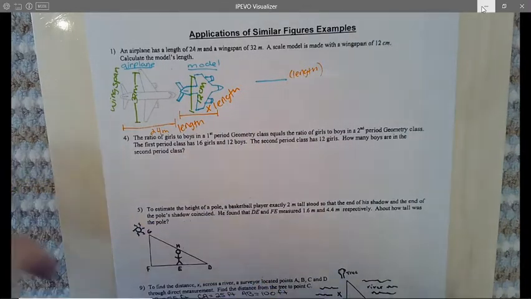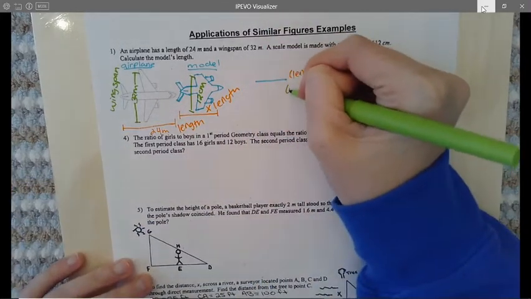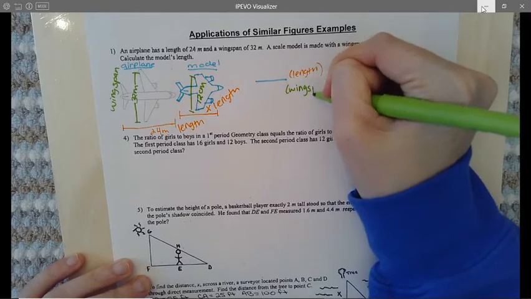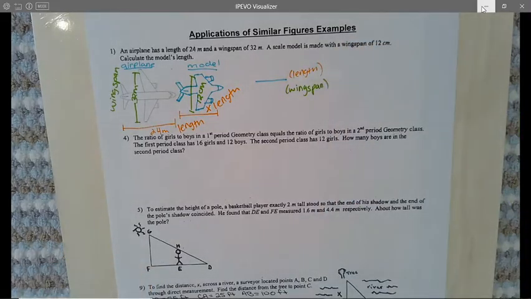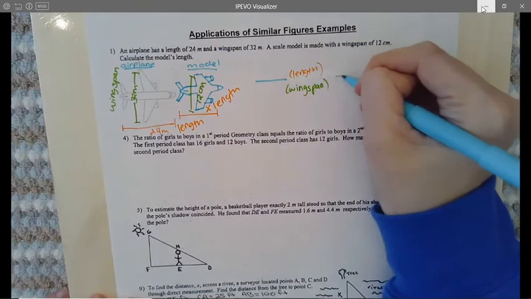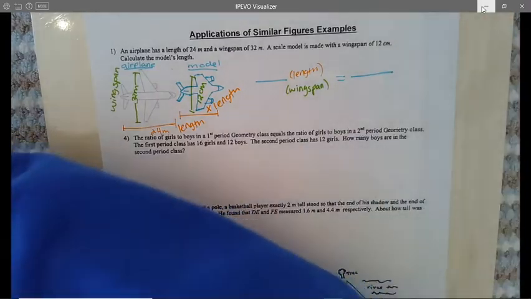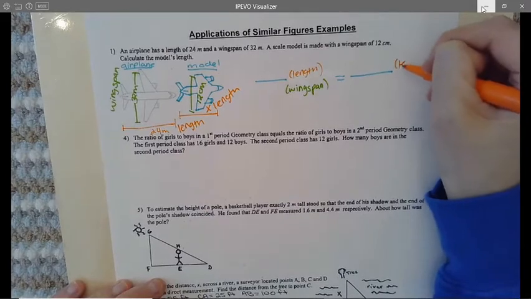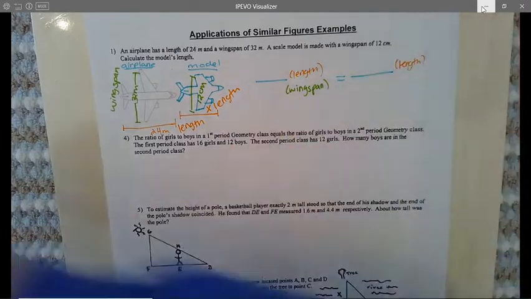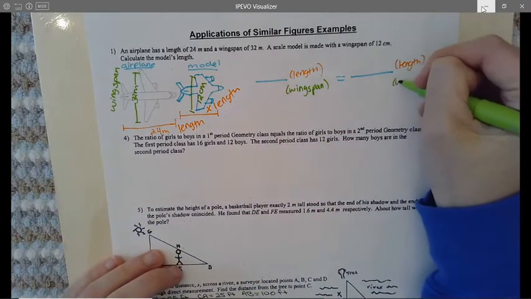When I set up my proportion, I also need to make sure we have the length of the model over the wingspan of the model. So length over wingspan.